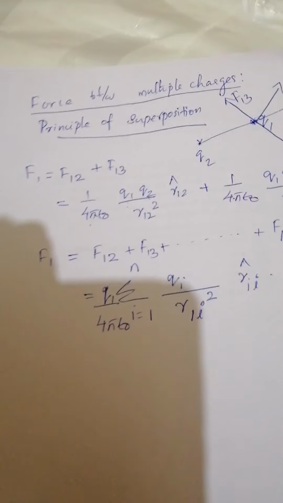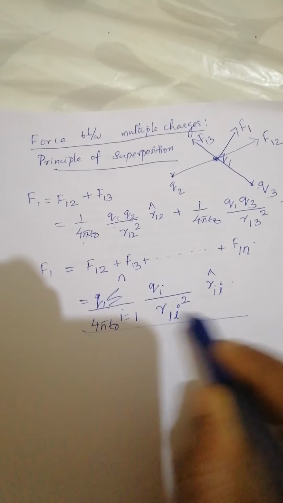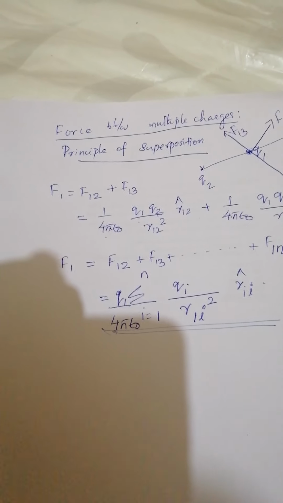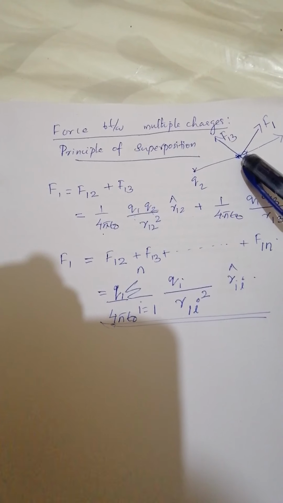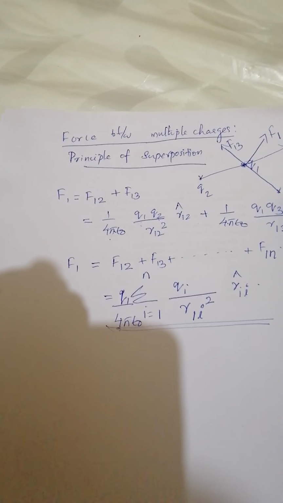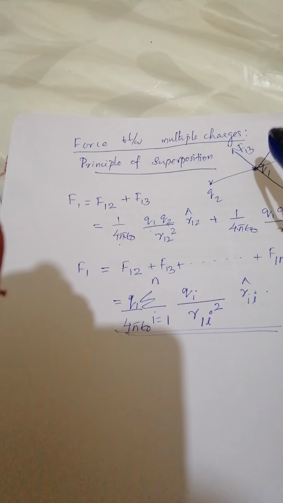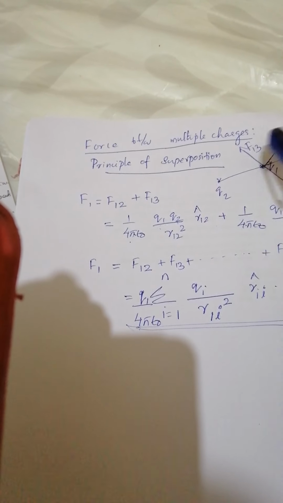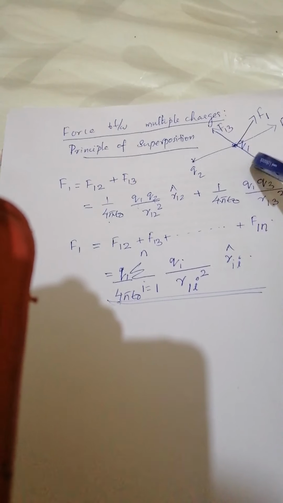Like this we can write, and we can say that the force on any charge due to a number of other charges is the vector sum of all the forces on that charge.